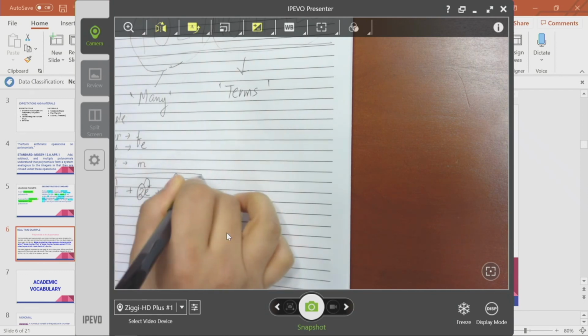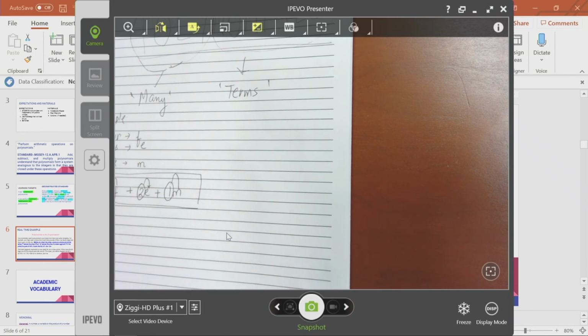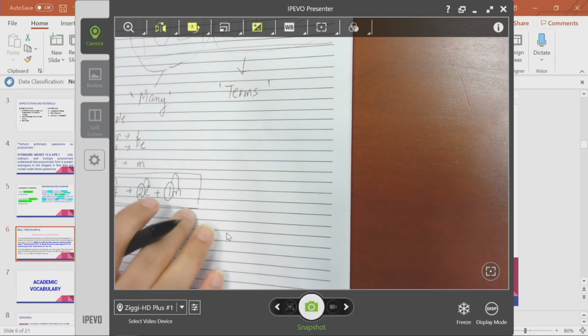This basic equation, when you go shopping, is nothing but a polynomial.